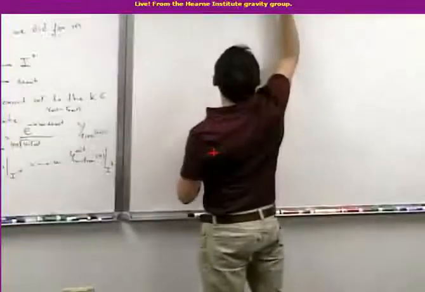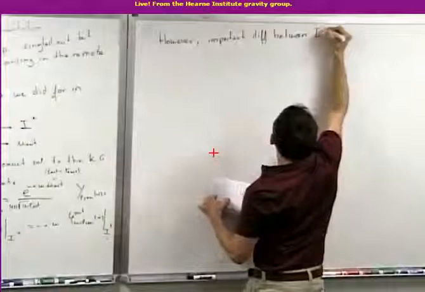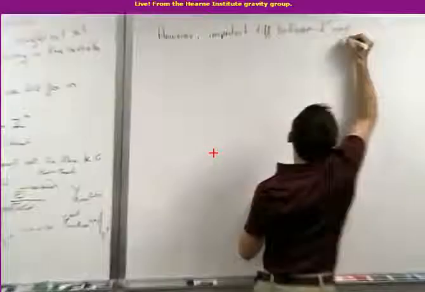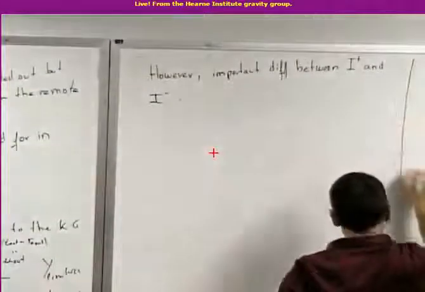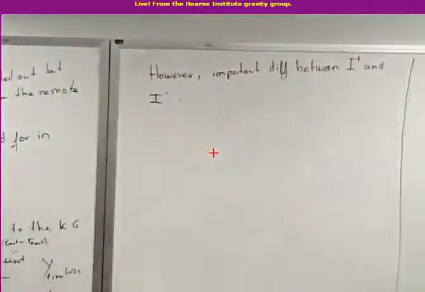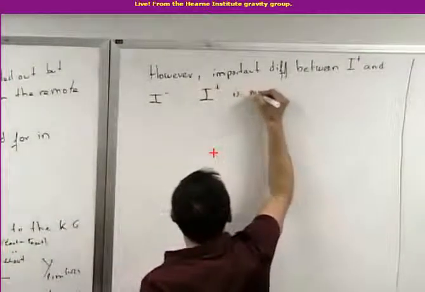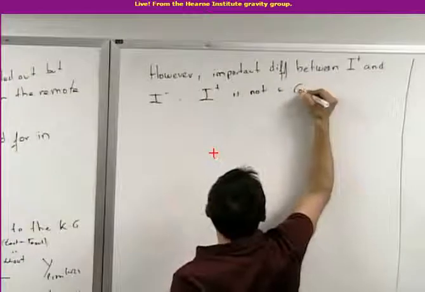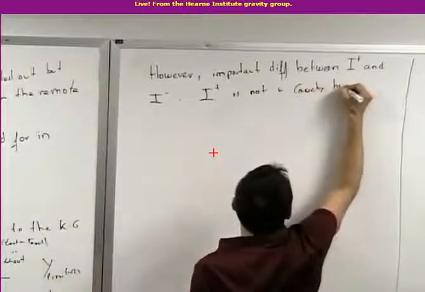While scri minus is a Cauchy hypersurface of the full spacetime, scri plus is not a Cauchy hypersurface.